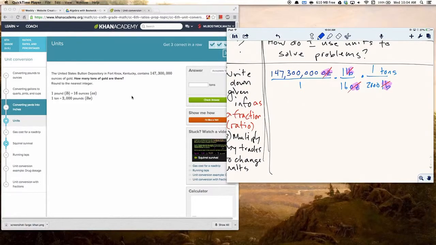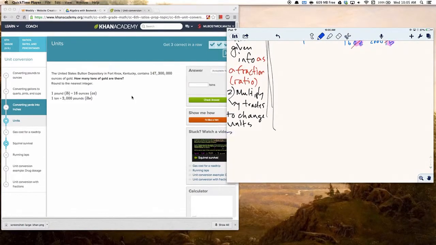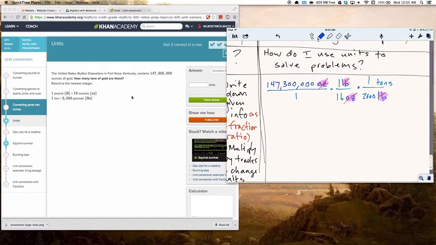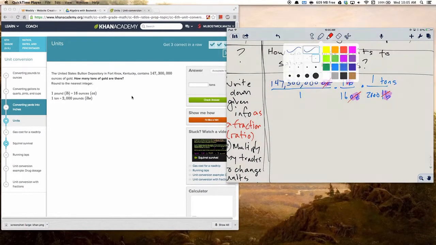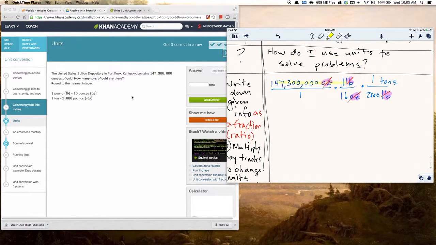And so now I'm on to my third step, which I'm going to make note of right here. Number 3, multiply the fractions. And so to multiply fractions, you multiply across on the top and across on the bottom. And so I'm going to do 147,300,000 times 1 times 1.